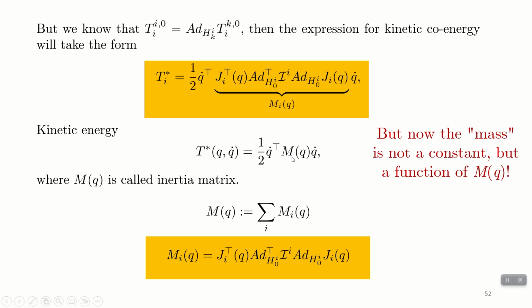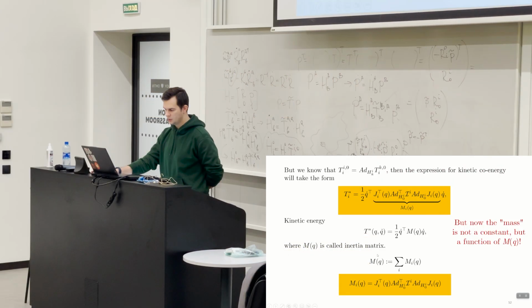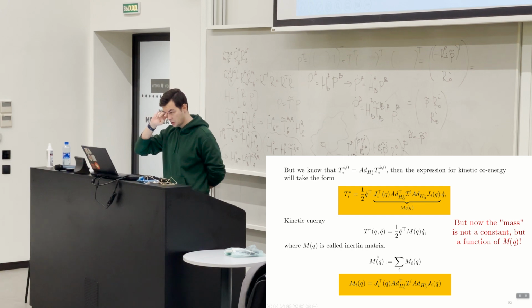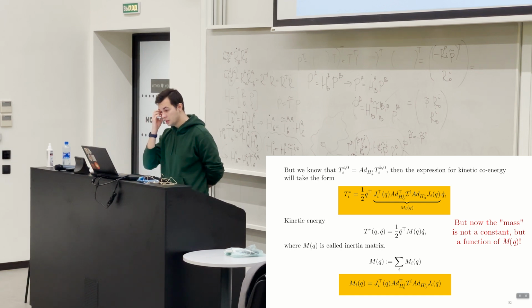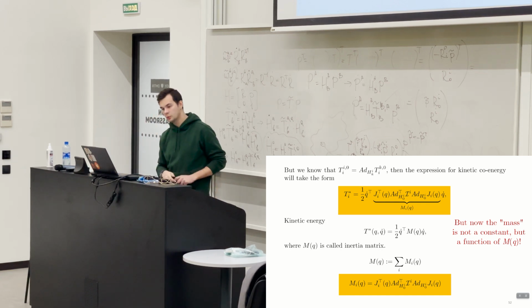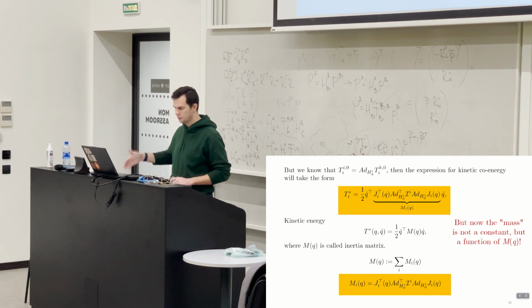And matrix M is computed as Jacobian transpose, adjoint transpose, inertia, adjoint, Jacobian. Once again, the adjoint is needed to express it in the principal frame. M is the inertia matrix, the first matrix in the equation of motion, and the inertia matrix for the whole robot will be just a sum of the inertia matrices of each link.